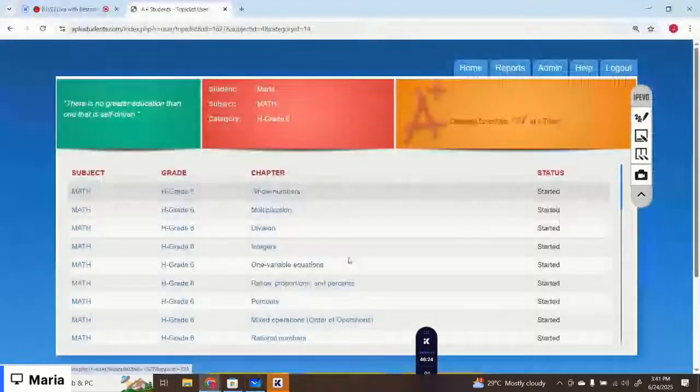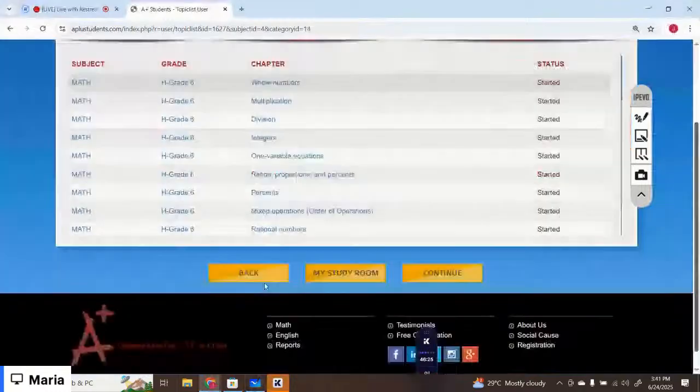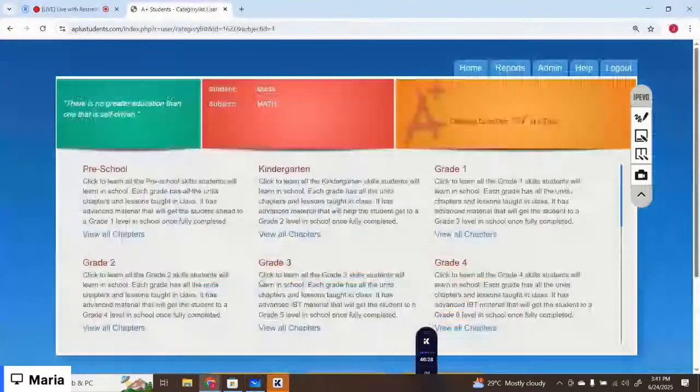If you need more help with any of the lessons, your tutors are available to help you, or you can write down the question on the side.